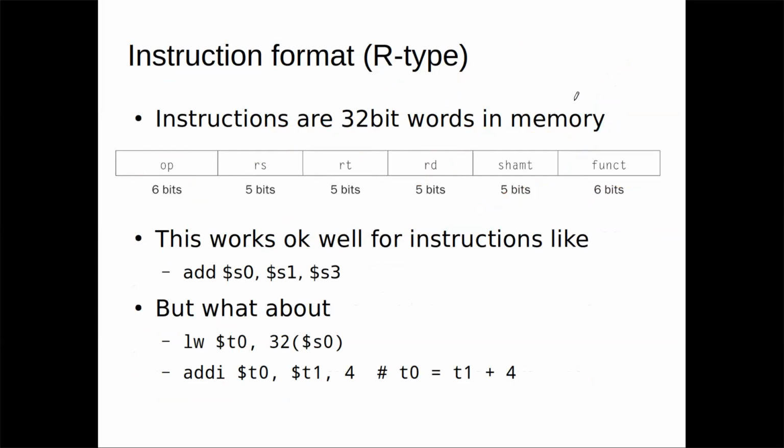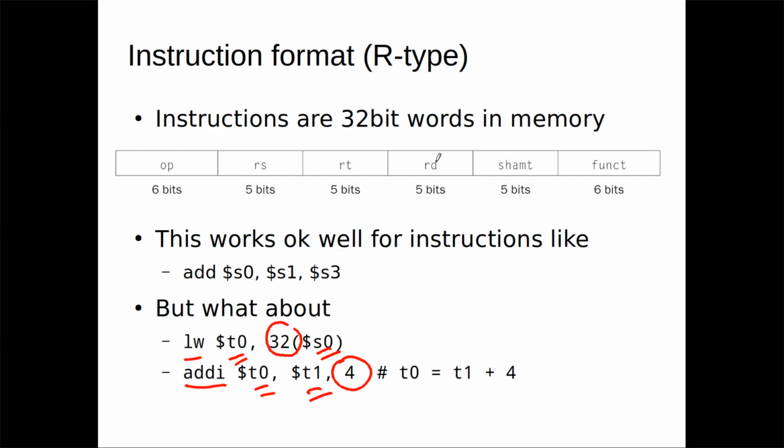So here's a couple of examples. Not an example, that's exactly this observation which you just made, right? This encoding, R-type, works well for instructions which operate on 3 registers, right? But if you have an instruction, something like a load word or add immediate, you say, look, I really have to figure out the space where to put this immediate constant, right? And moreover, this only requires 2 registers as arguments.